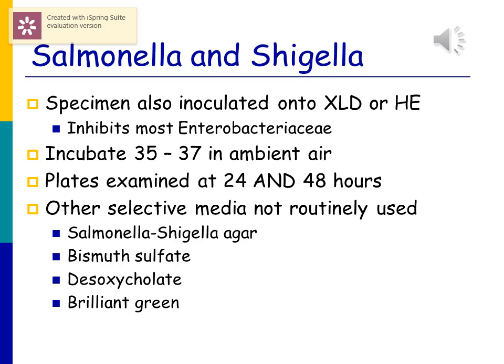There are other selective media specific for Salmonella and Shigella, but these are not as routinely used, but there are labs that may use some of these. One is SS agar, Salmonella Shigella agar. Another is bismuth sulfate, another is deoxycholate, and another is brilliant green.